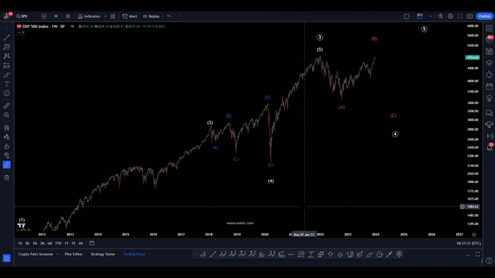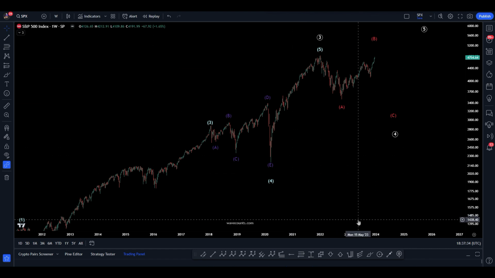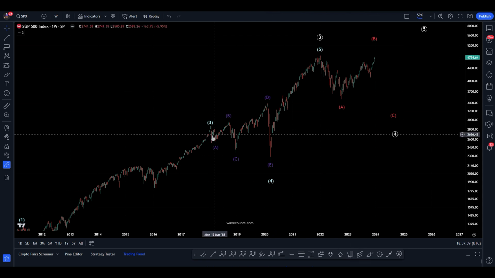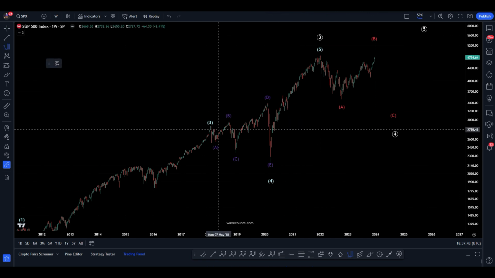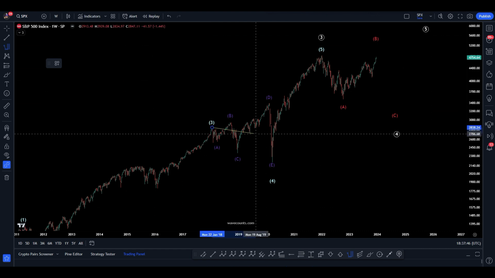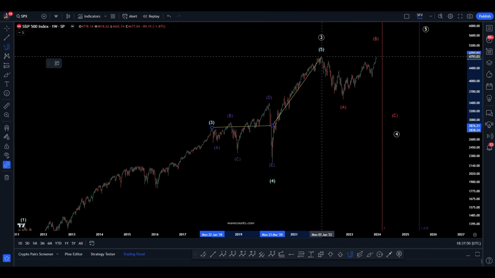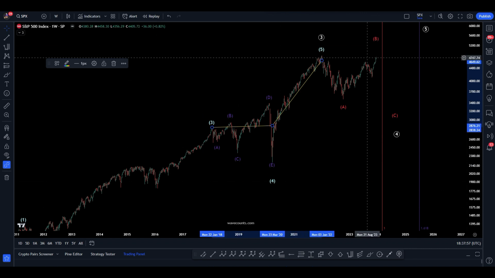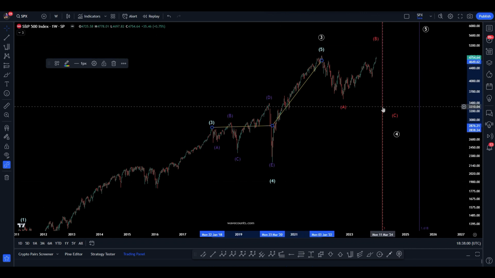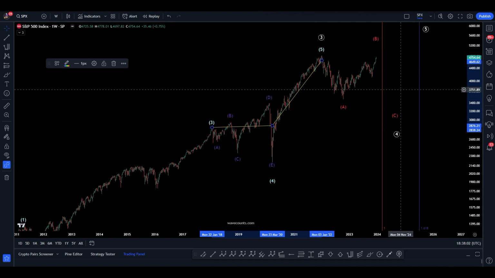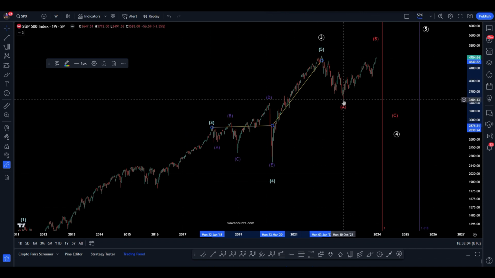All right, the first one here is time. Okay, so if you just pull a simple timeline on this, from the beginning of it until the end of it, you project that out to where the next one starts. To this point, we haven't even reached 1-to-1 in time yet, and this is supposed to be a larger degree fourth wave, let alone this A wave, which I don't even believe was 38.